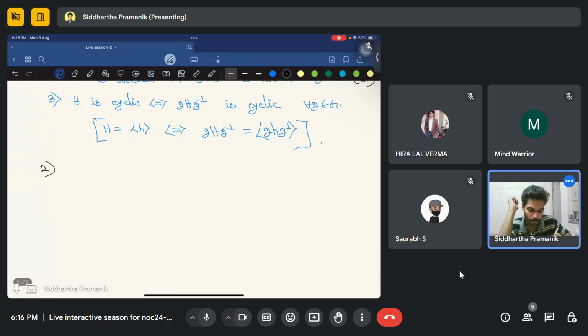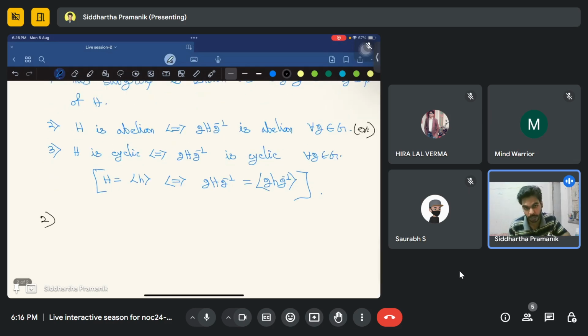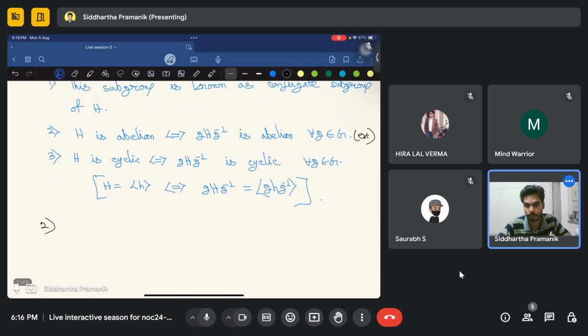So we have seen some examples of subgroups, right? But if you have some subgroup, I want to give you a method to construct a new subgroup. Already I have given one, which is the conjugate. Now I want to give you another method.